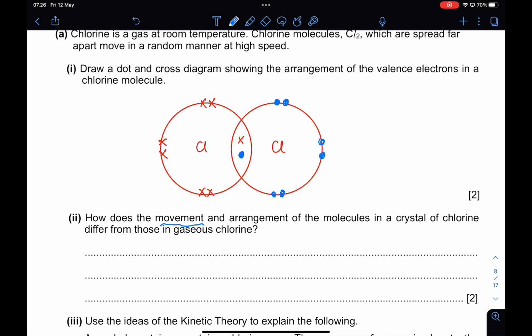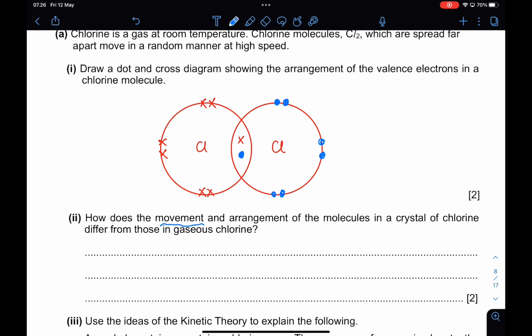Are the molecules of chlorine in a crystal free to move or not? They should not be free to move. They are not able to move freely. That is movement. Arrangement wise, they are arranged in a regular arrangement with little gap between the molecules.